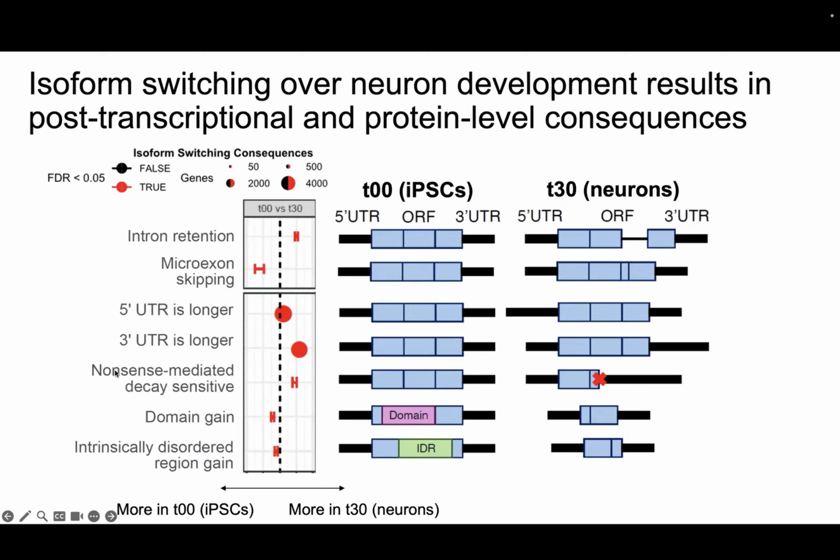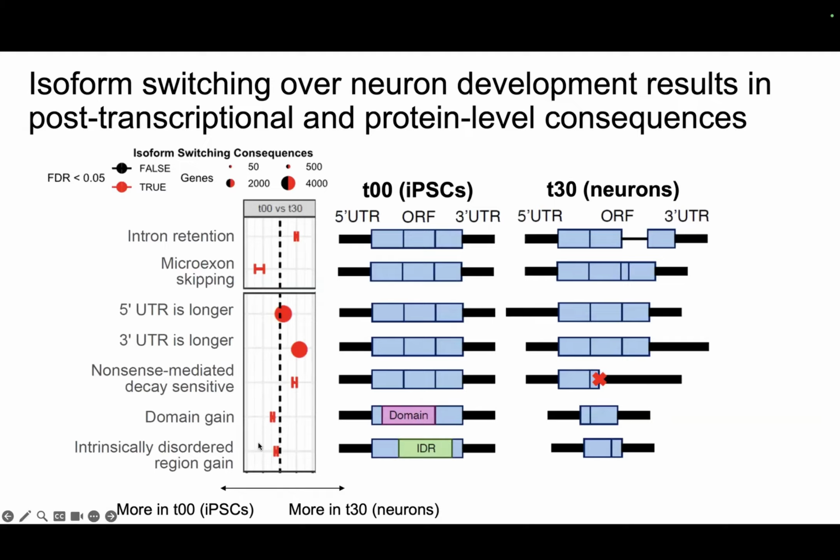And then I'll just highlight again this example of drastic changes in protein structure. So in neurons, they tend to be skipping exons that then lead to losses of protein domains, and they also lead to losses of intrinsically disordered regions.